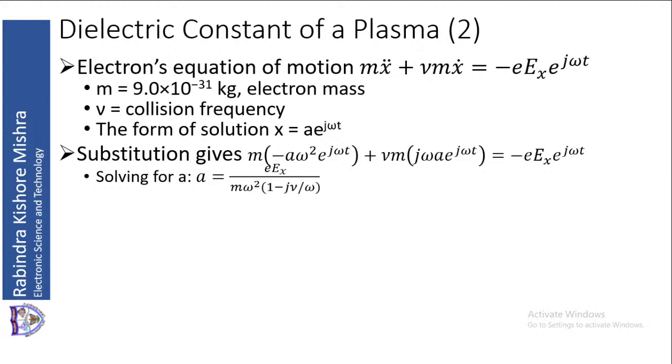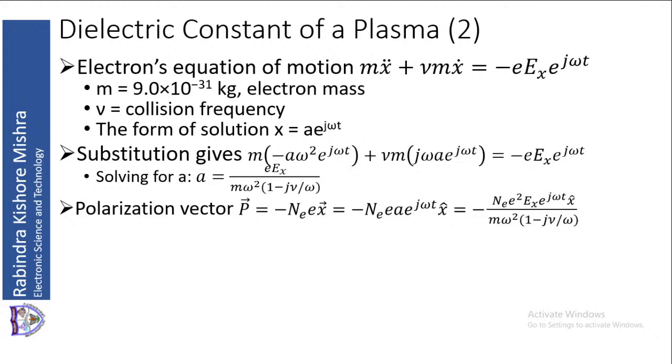Then from the left side we take A common, keep A on the left side, and divide by the rest on the right hand side. So A, this constant, is equal to e, the charge of the electron, into Ex, the applied electric field in the x direction, divided by m into omega square into 1 minus j nu by omega. So this is for A.